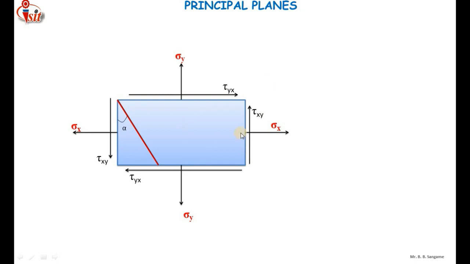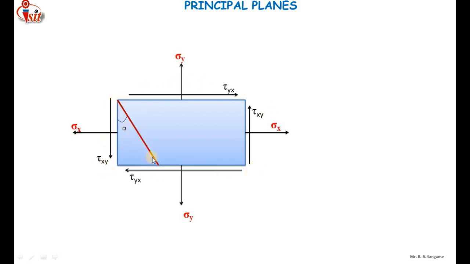As I have said, the normal stresses sigma x and sigma y act on these four sides of the element, and tau xy and tau yx, which have equal magnitude, act on the surface of this particular element.